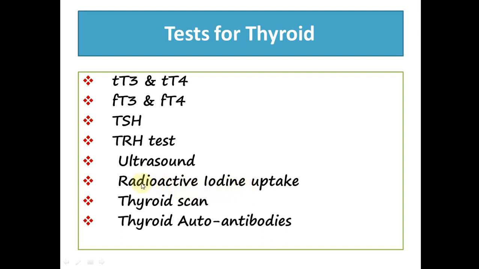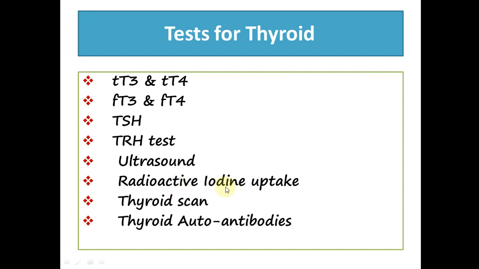If we give radioactive iodine, it will be taken up by the follicular cells and we can take pictures through a camera and we can make an assessment of the presence of the hyperactive or underactive tissue in the thyroid gland.